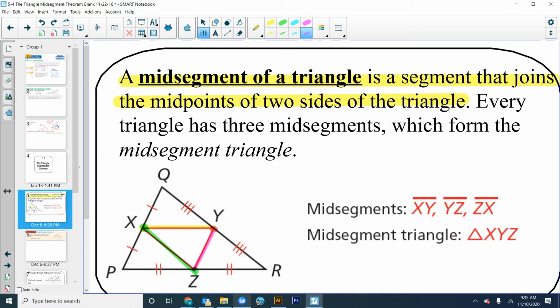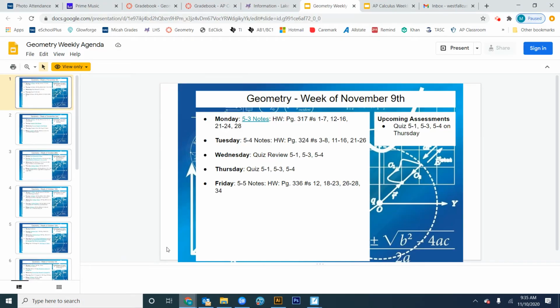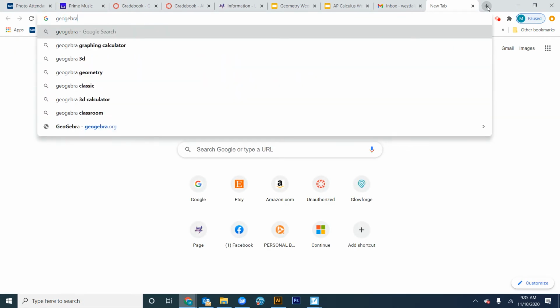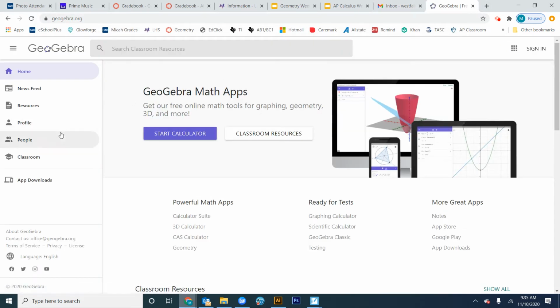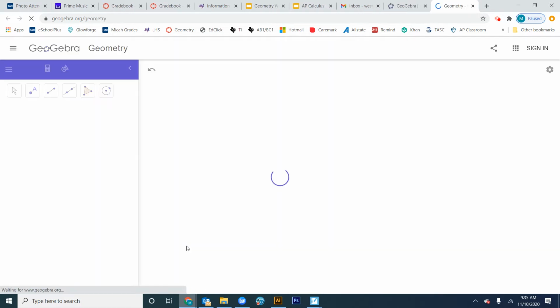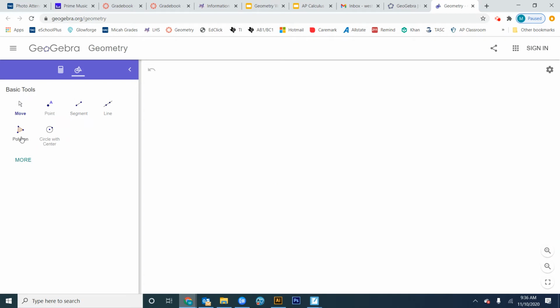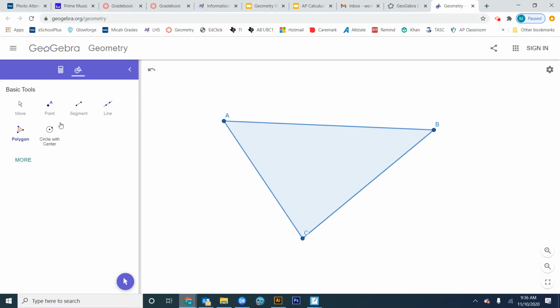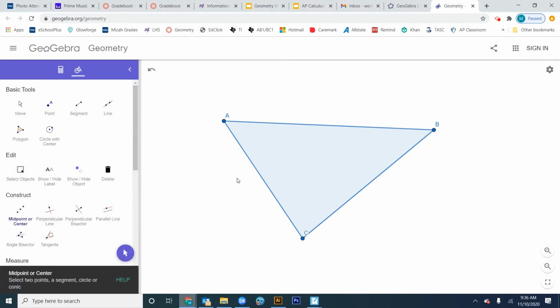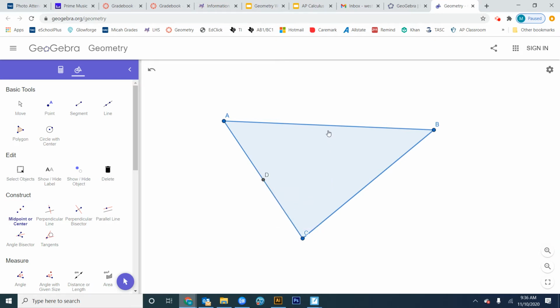When you connect the midsegments, you get what's called the midsegment triangle. All right, everybody have that copied down?